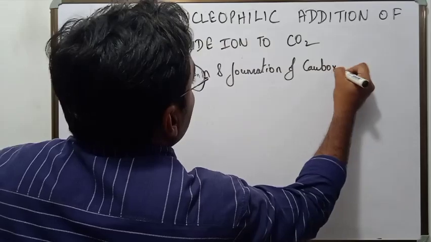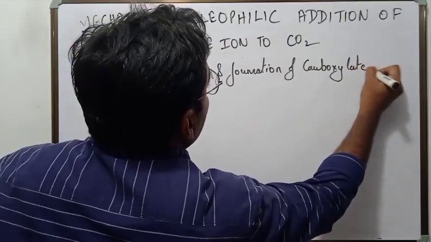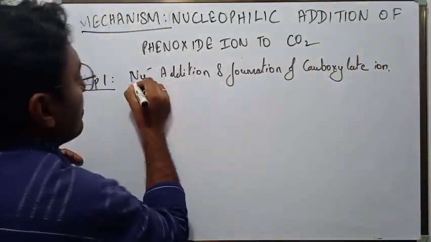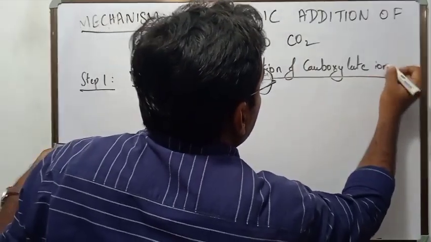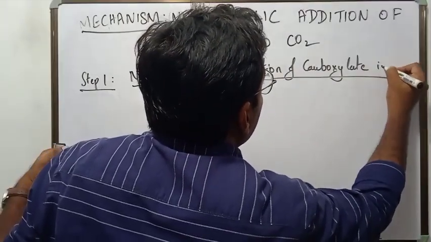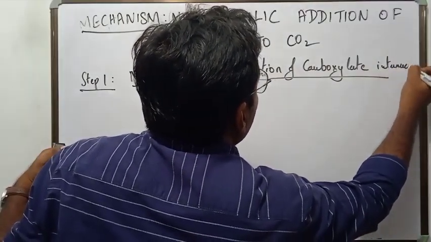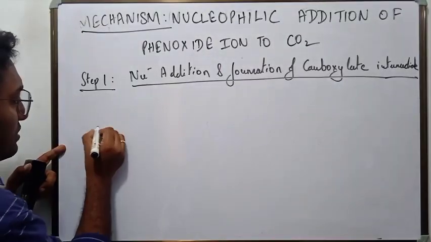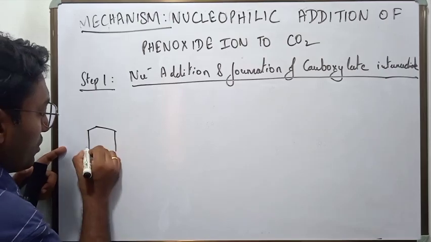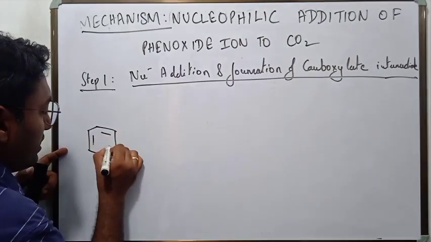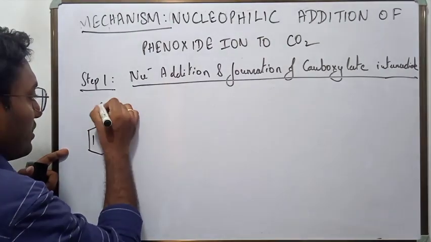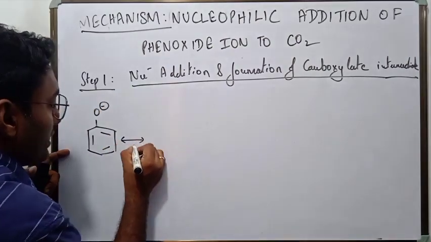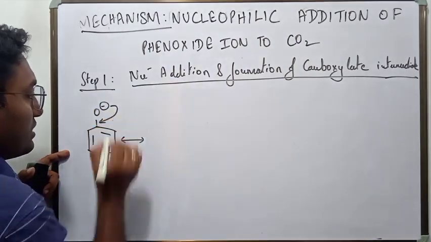Let us see step 1. This is your phenoxide ion. Now what can happen? This electron pair can come here.